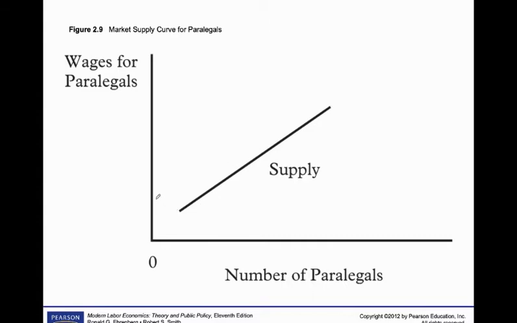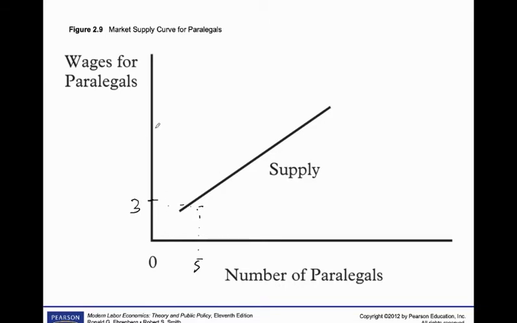When the wage rate is low, let's say at $3 per hour, the supply of labor in this case is represented by, let's say, 5 paralegals.